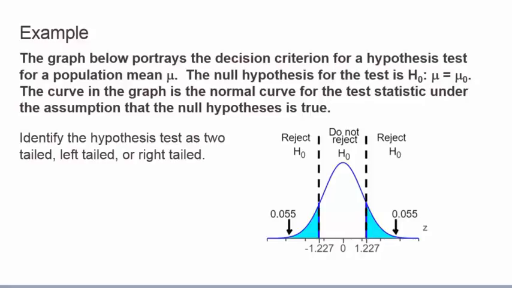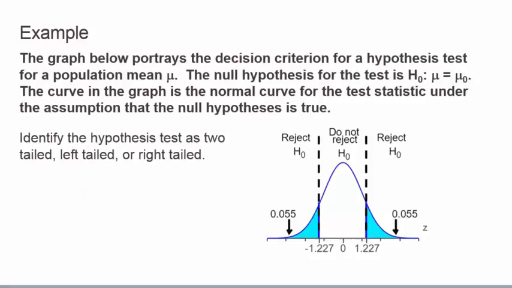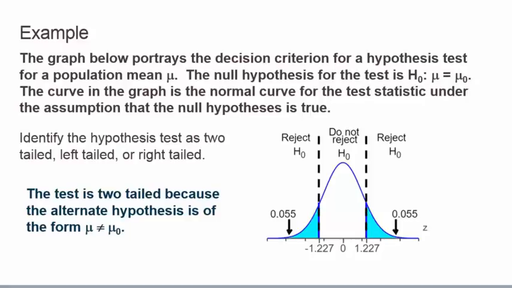Since we have an area shaded to the left of a z-score and to the right of a z-score, the test is two-tailed because the alternative hypothesis is of the form mu does not equal mu sub 0.